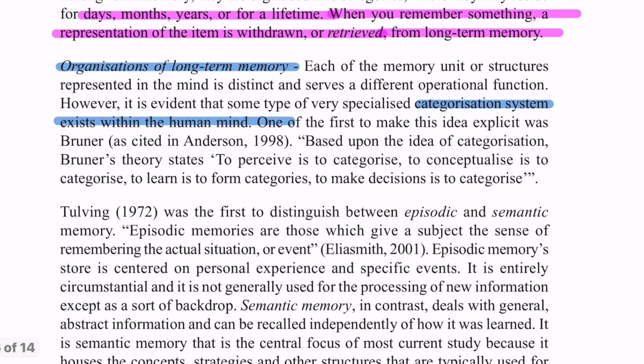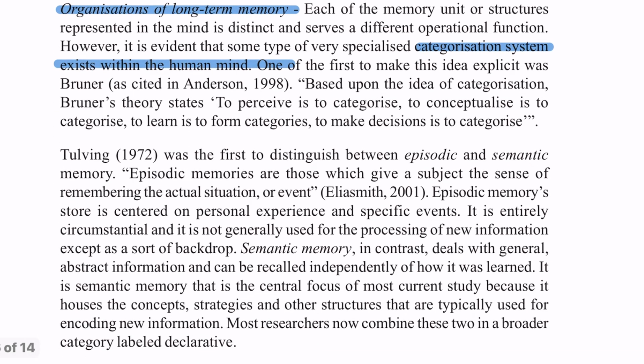So that is all. And then there was another scientist, whom we have also discussed in earlier lectures briefly, Tulving, 1972. He has given the concept of episodic memory and semantic memory. So what is episodic memory? Episodic memory is that which gives a subject the sense of remembering the actual situation.